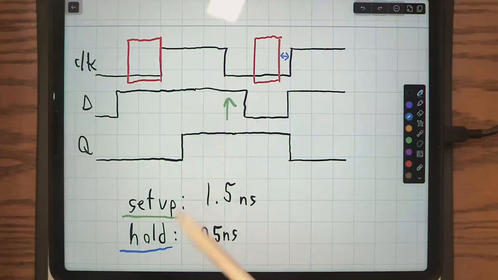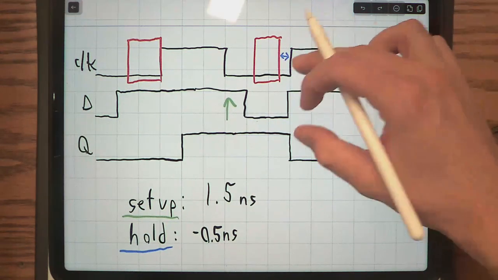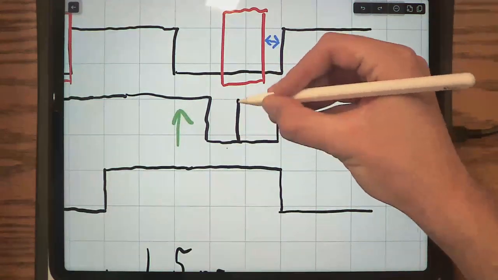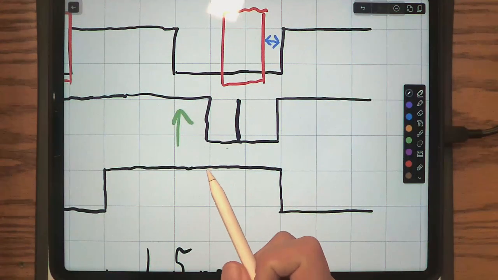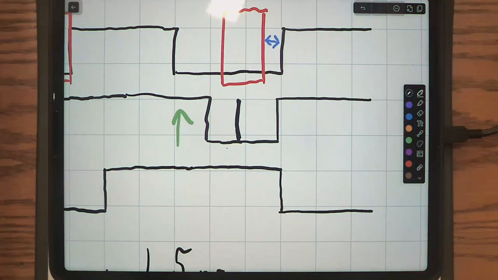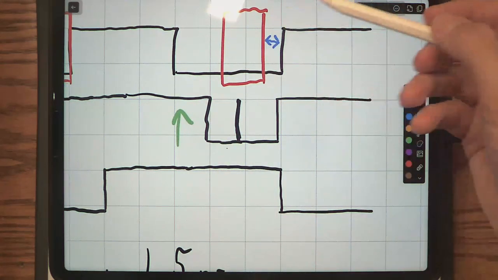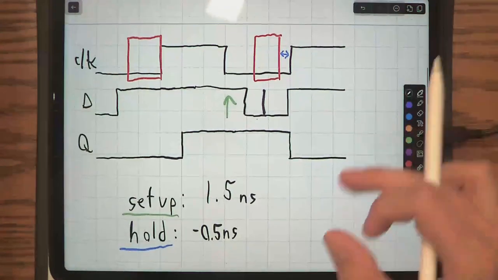And if we ever had a little power spike or something, or if it changed too early, then in this case we would have a hold time violation because it wasn't held for the entire width of this aperture.